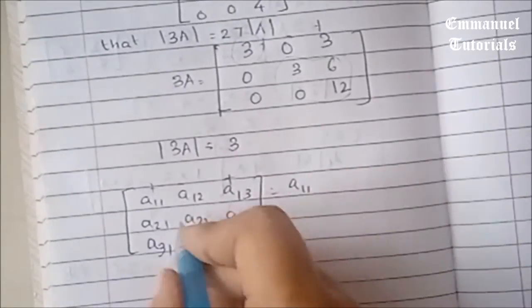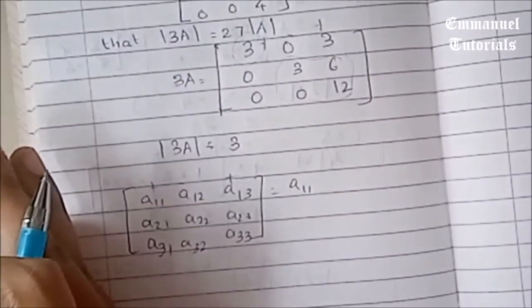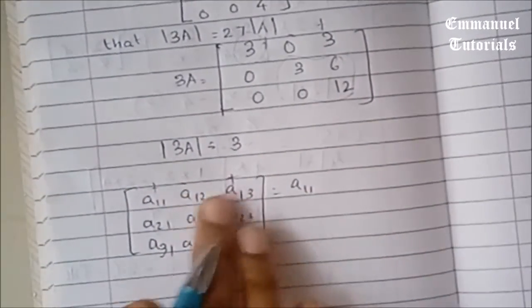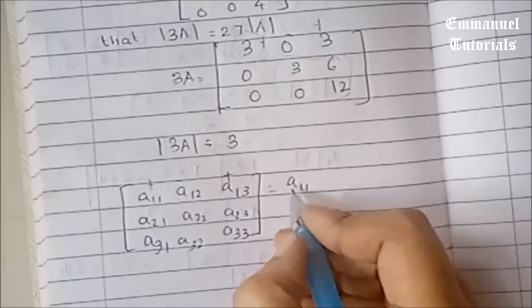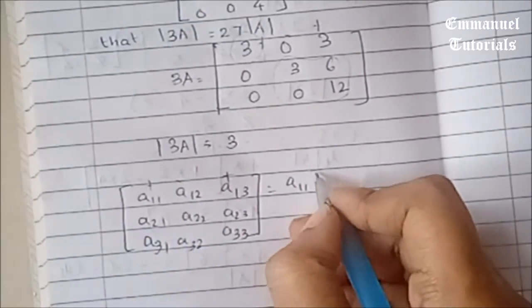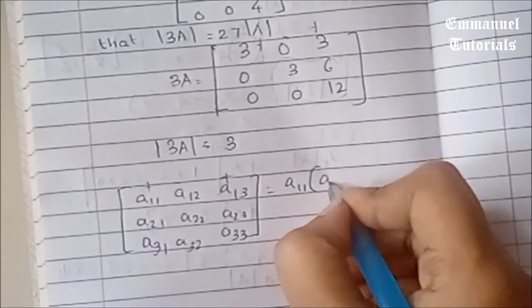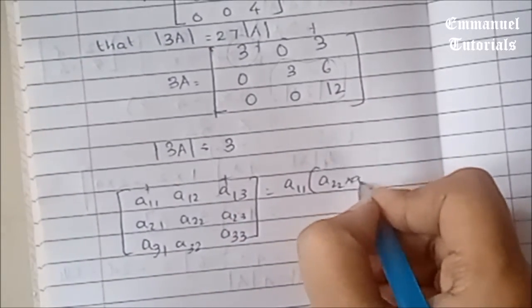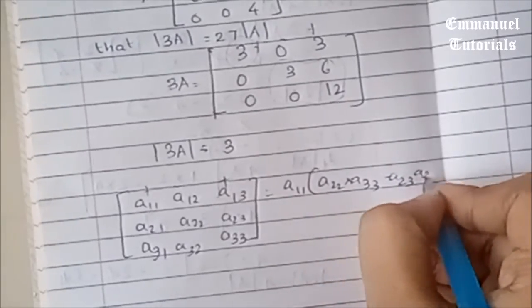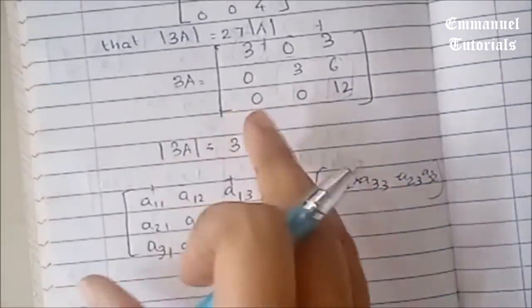First element, leave the first column, take the next two columns and the rows which are not there in the first column. So it's going to be the determinant of this. So it's going to be A22 into A33 minus A23 into A32. Just find out the determinant of the submatrix.